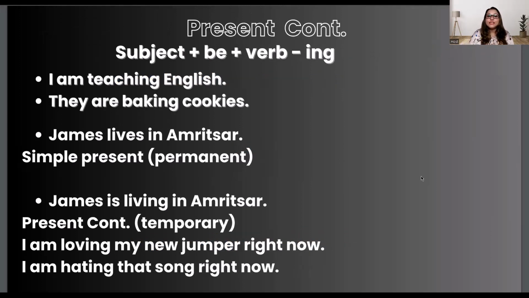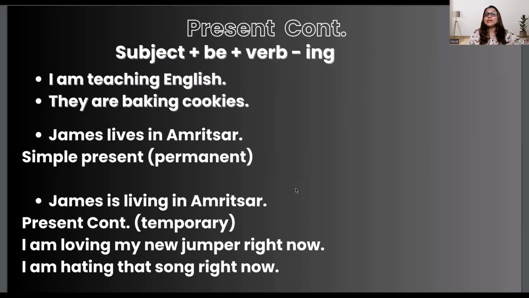The structure of the present continuous is subject, be, plus verb-ing. I am teaching English. They are baking cookies. That is like the present moment. Whatever we are doing at the present moment, we are using present continuous tense.